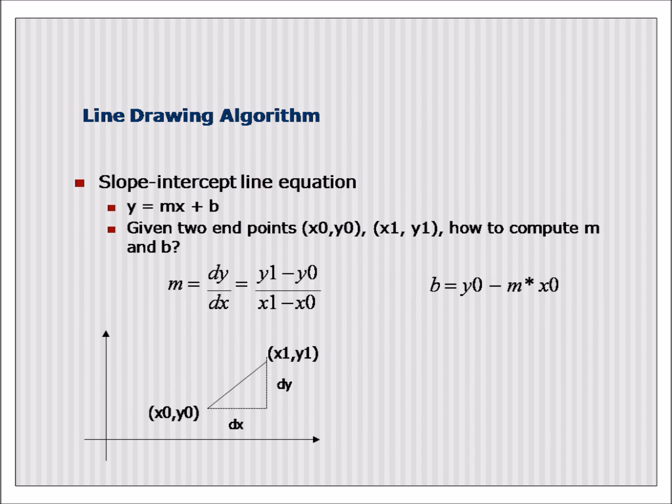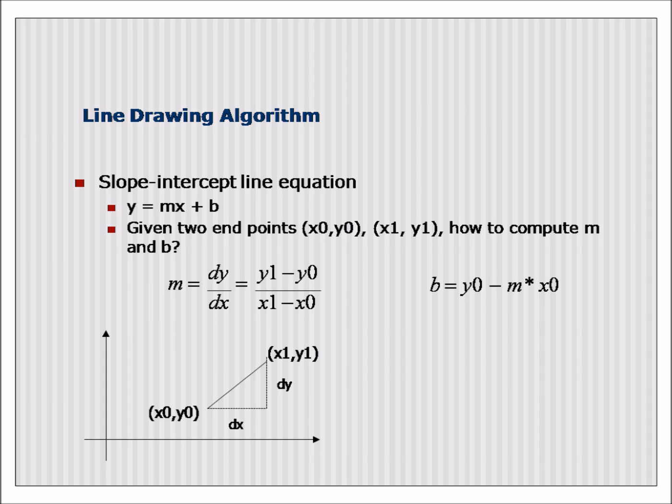Before going into further details, it is necessary to understand the drawing of a line having slope, and how we could achieve it. Luckily, in mathematics we have the slope-intercept line equation, which is y equals mx plus b, where m is the slope or the consistent change between 2 points x and y, and b is the y-intercept.